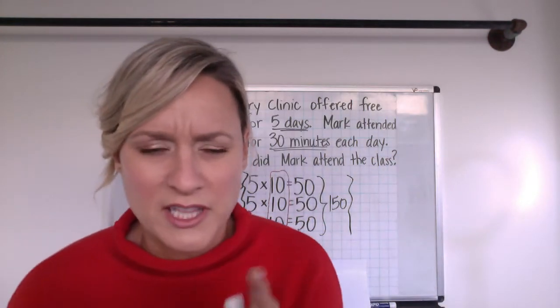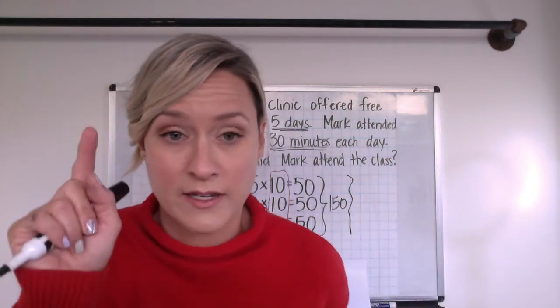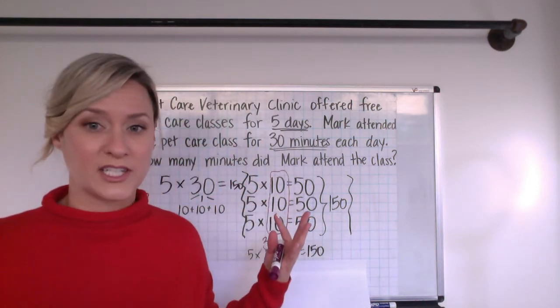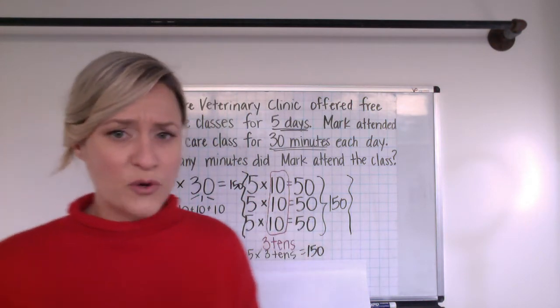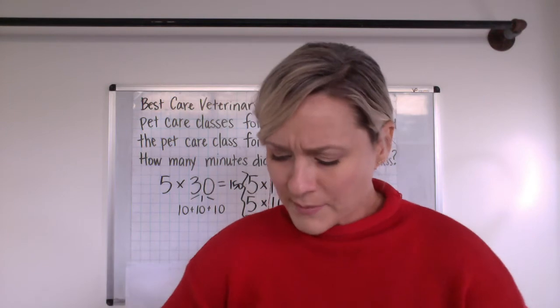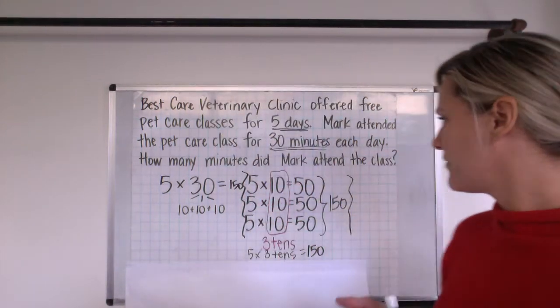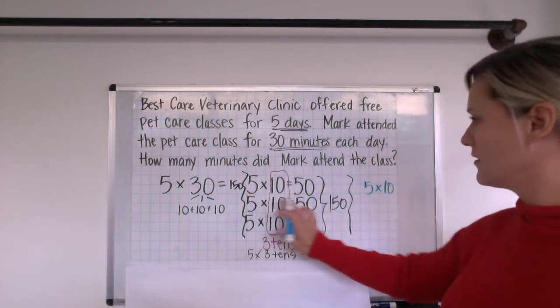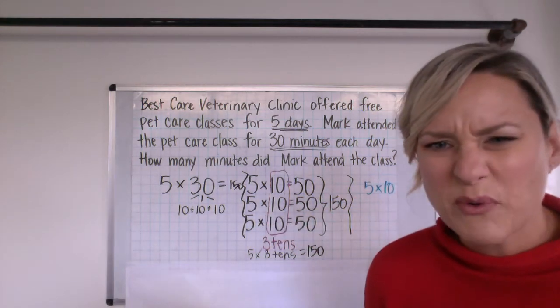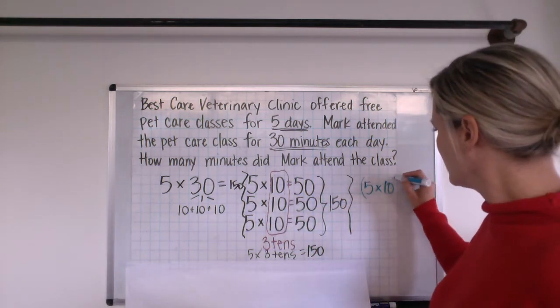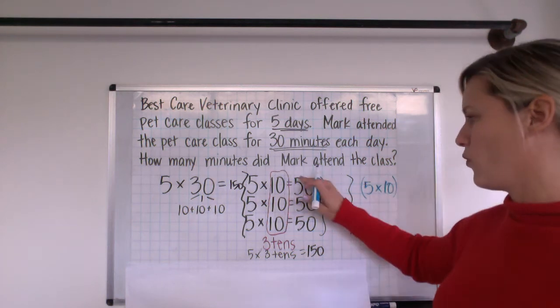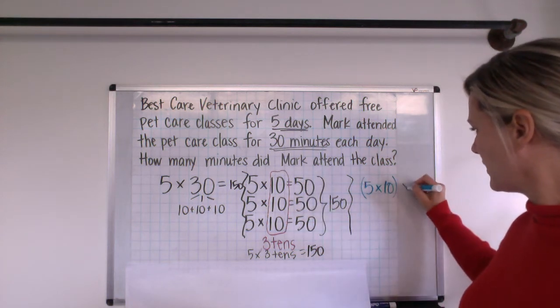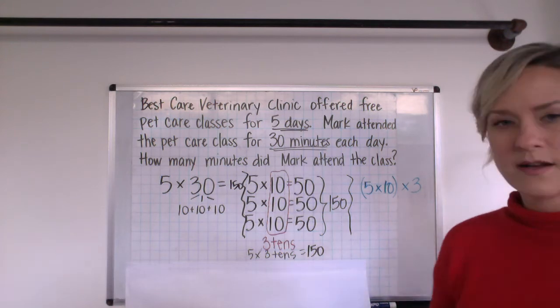I have another guess. Maybe after you watched that 5 times 10, 5 times 10, 5 times 10, maybe you said to yourself, wait a minute, you could do a 5 times 10. Let me get a different color here. You could do a 5 times 10. But then we just did it how many times? 1, 2, 3. So you could do it 3 times.